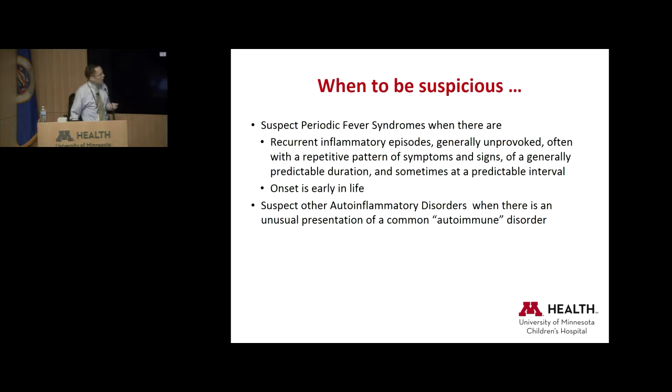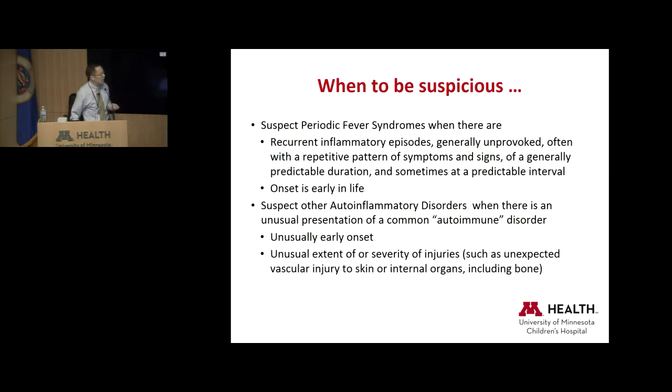When do we think about the other autoinflammatory disorders? Well, we do that especially when there's an unusual presentation of something we think of as an autoimmune disorder. So if you have someone who has inflammatory bowel disease, but it presents in the first year of life, or lupus that presents in the first few years of life, that's not typical, and especially if they have other serious manifestations.